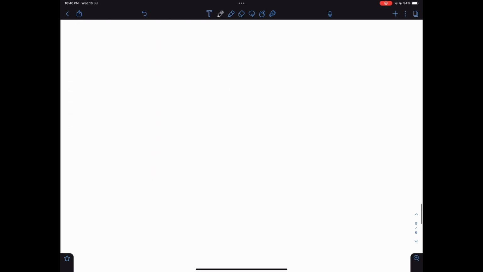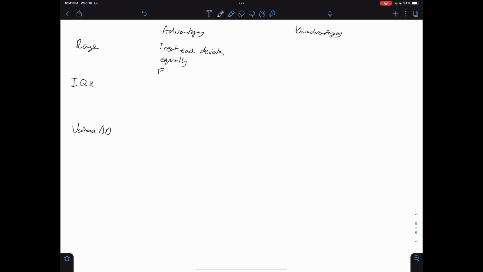So again, we've got a few different ways of finding our spread or dispersion. But what are the advantages and disadvantages of each one? How can we choose which one to use? So for the range, it does treat each deviation equally, and it is very easy to calculate.